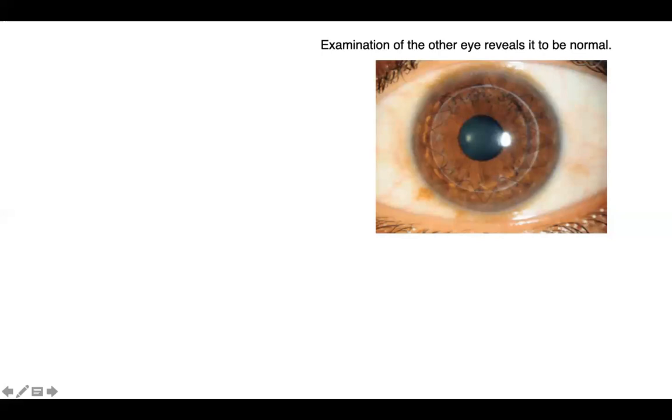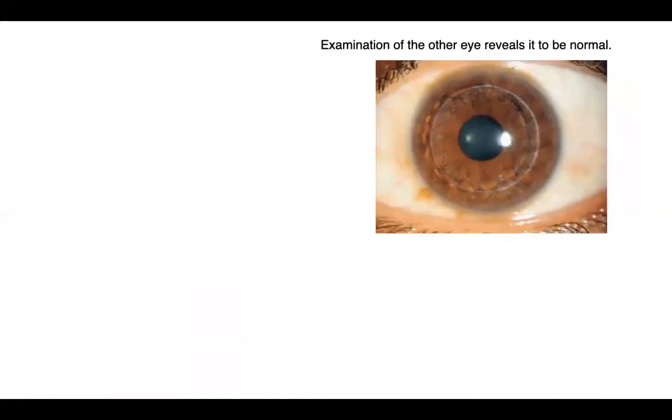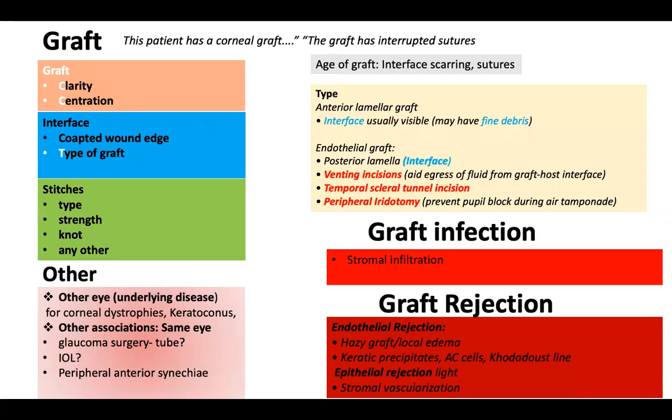So the graft clarity and the centration: here the graft is central and clear, right? And the interface coapted, and we cannot judge the type of the graft because we need to see the section. Regarding the stitch, double continuous, it's not tight, not loose. I cannot see any knots.